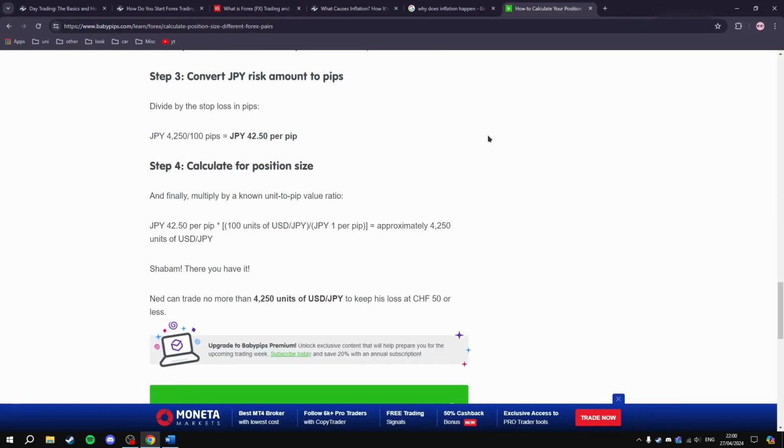So JPY 42.50 per pip times 100 units of USD JPY divided by JPY 1 per pip, approximately 4,250 units of USD JPY. Shabam, there you have it. Ned can trade no more than 4,250 units of USD JPY to keep his loss at 50 CHF or less.